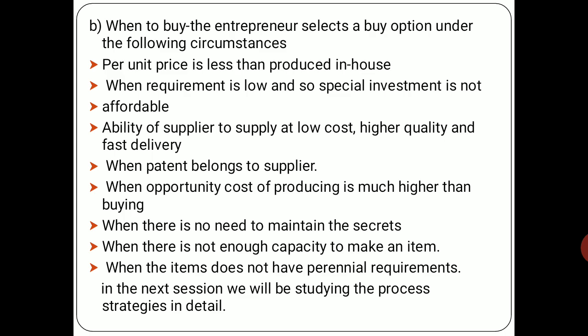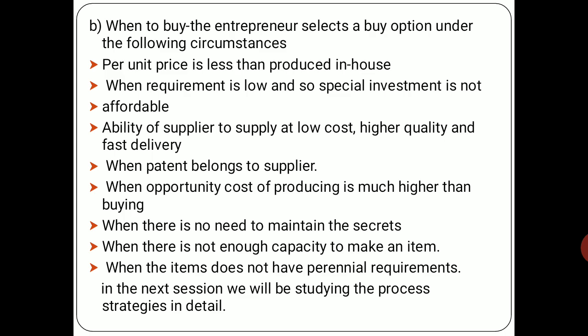When the item does not have perennial, that is continuous, requirement, and it's on an order basis, a seasonal demand, and you don't have the setup for seasonal demand, you may already be occupied with the perennial supply of other products, then you can depend on the buying decision.